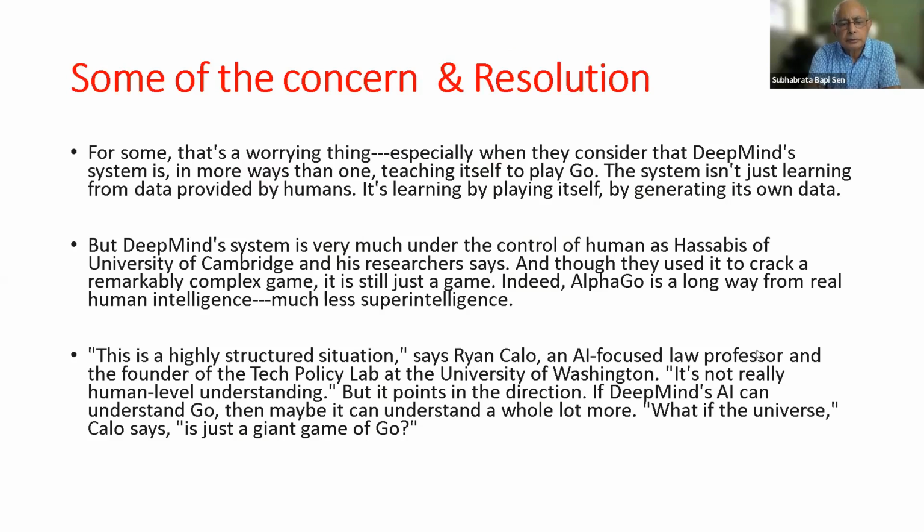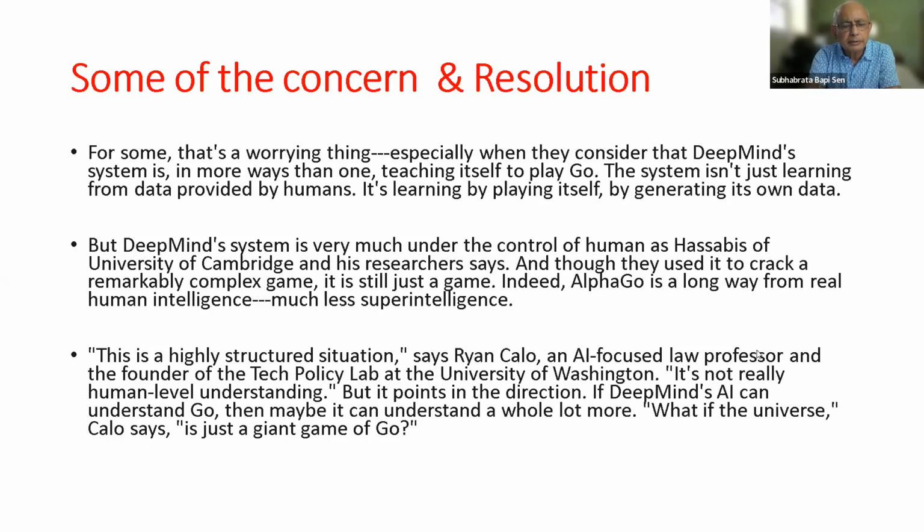For instance, some of the concerns and resolutions of these issues are that, especially when they consider the DeepMind system, it is in more ways than one teaching itself to play Go. The system isn't just using data provided by humans. It's learning by itself, by generating its own.